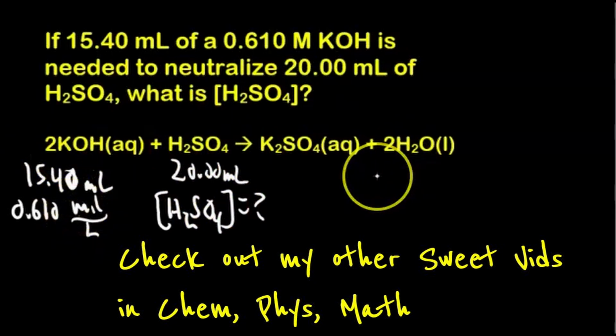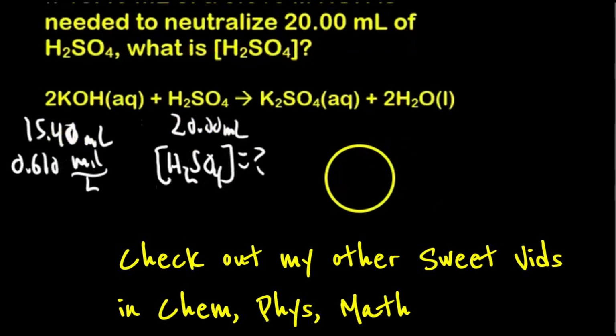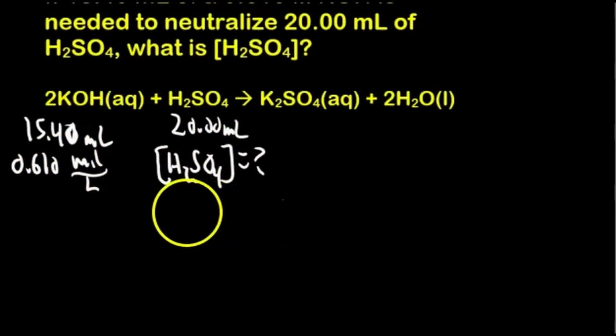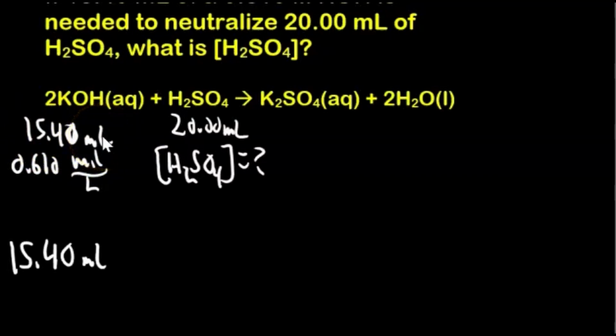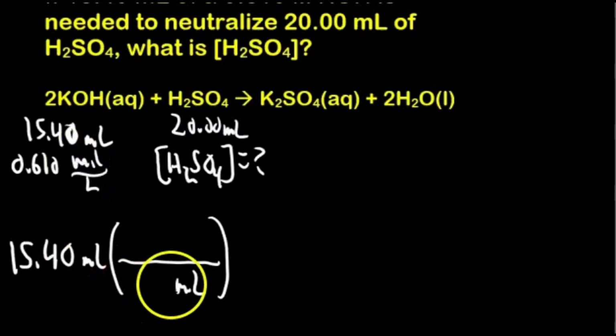We have a chemical equation, so this is stoichiometry, and we can do this in 3 steps. Actually, I have to do this in 2 steps, but we'll do a quicker version since we've gone through this a lot already. We'll start with what we're given, the quantity that only has 1 unit: 15.40 mL. We have to convert to moles of our given. First we go from milliliters to liters, and we want milliliters to cancel out.